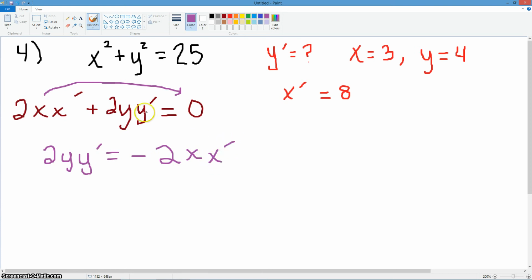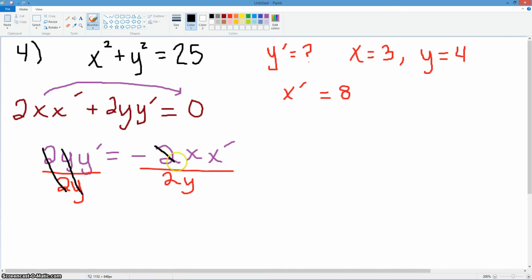Okay, then the next step is to isolate the y prime. So I'm going to divide both sides by 2y, because whatever I do to one side, I do to the other. The 2's cancel, the y's cancel here.